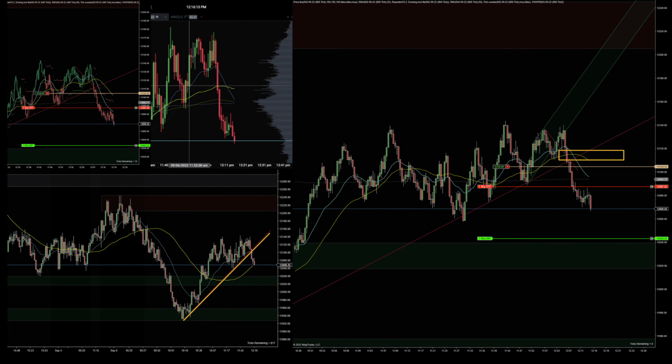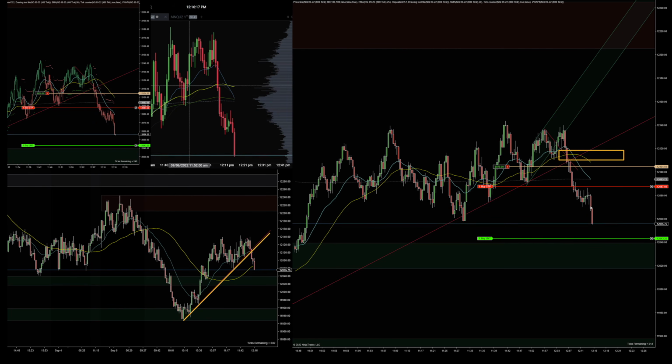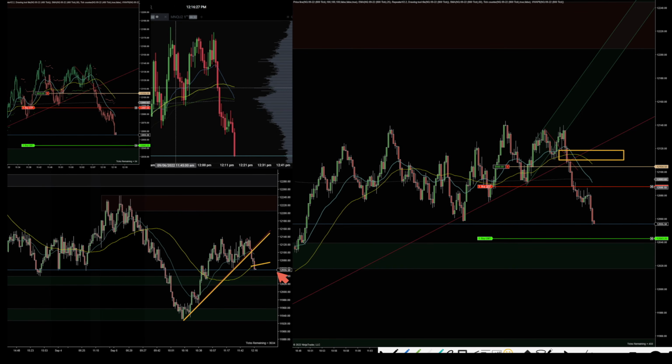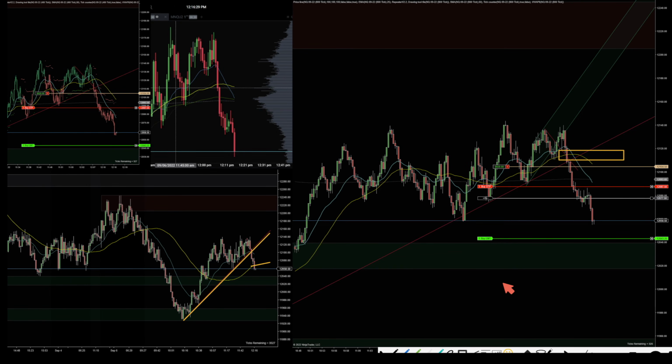Yeah, after my exit area here, the price went down more and went into the channel here, and after this channel break it also went another leg to need this 50 SMA here.